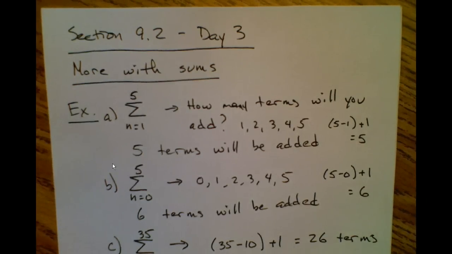Alright, so this concept is going to be important because if we're not starting at 1, the number of terms that we need to be adding is going to be different than just subtracting these two.